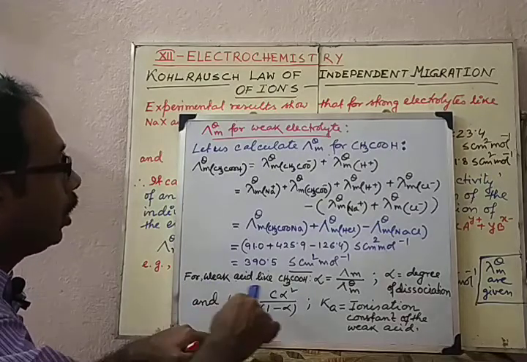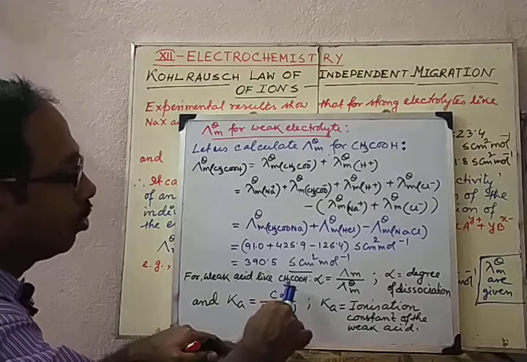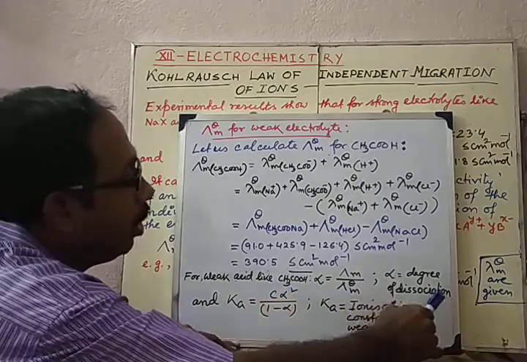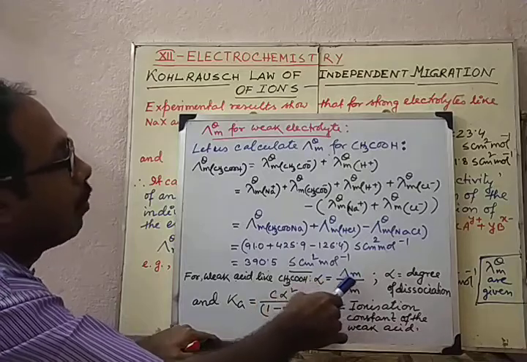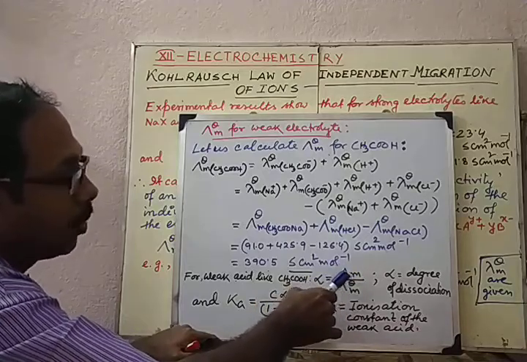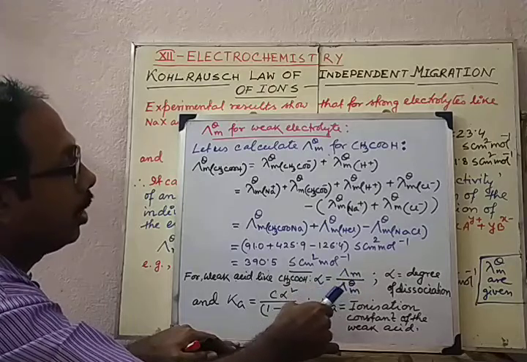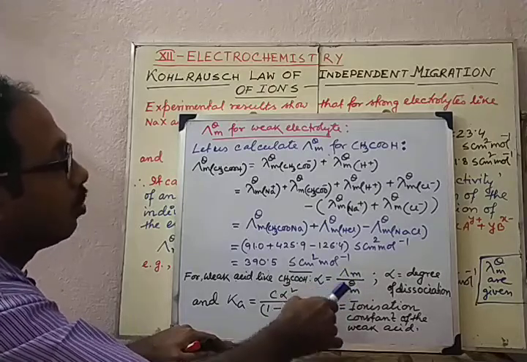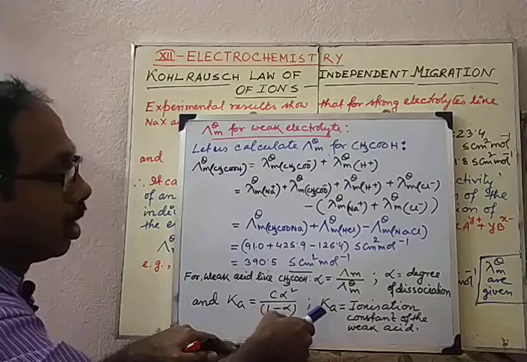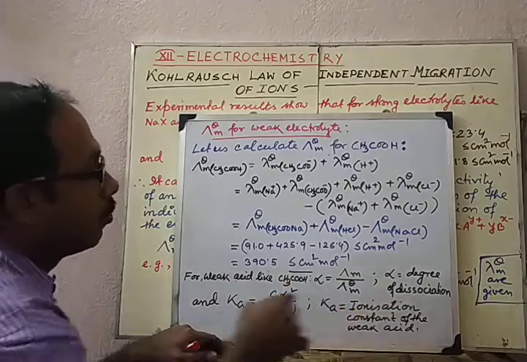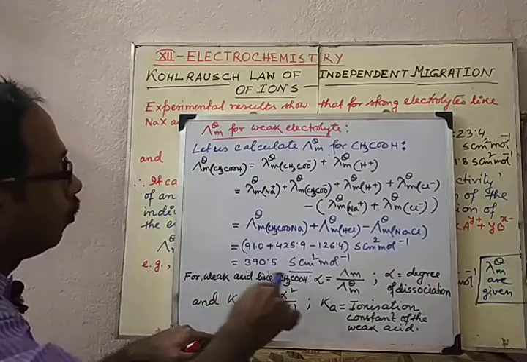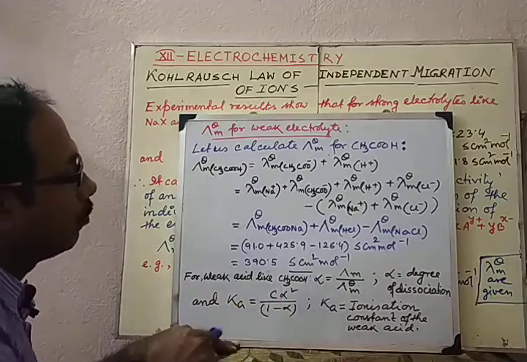Therefore, for a weak acid or weak electrolyte, we can have the degree of dissociation expressed as the ratio of the lambda m at a particular concentration divided by the limiting value. That means this ratio gives us the degree of ionization or dissociation for the weak electrolyte. So for a weak acid, we can calculate the alpha value.